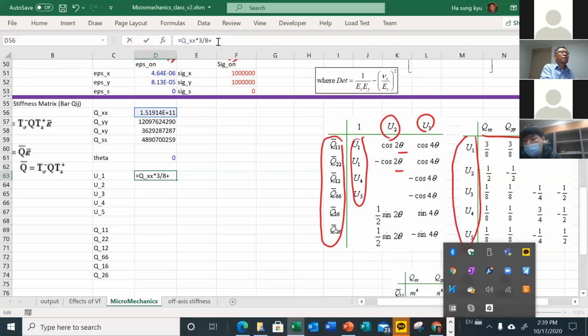And plus this, and this will be YY, and plus QXY, and 4, and QXX, and 1 and 2, right? This is the first row defining U1.